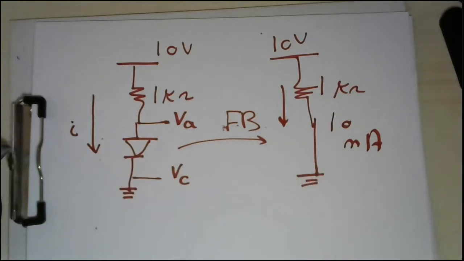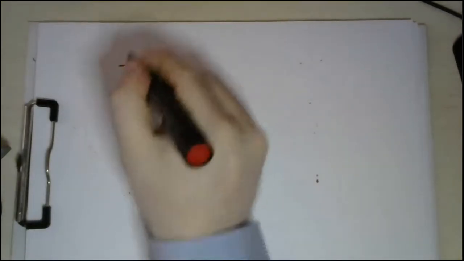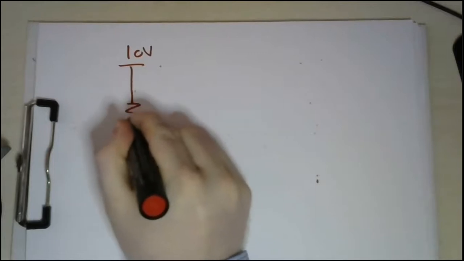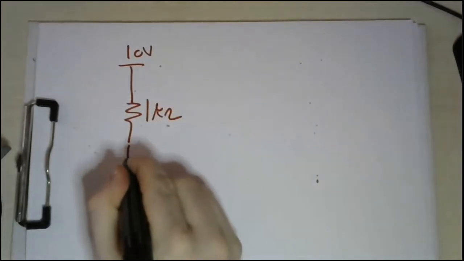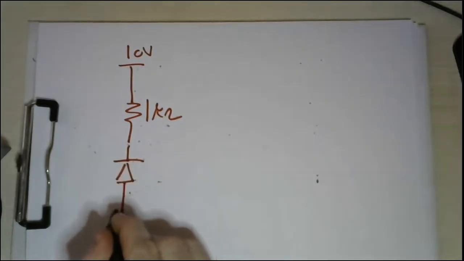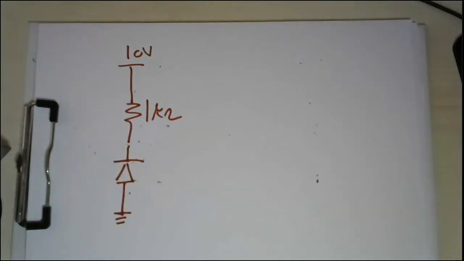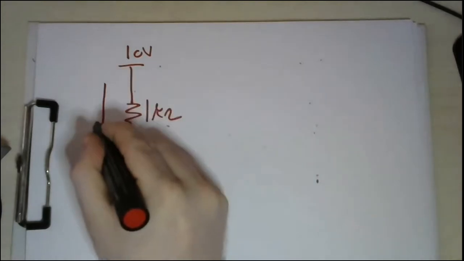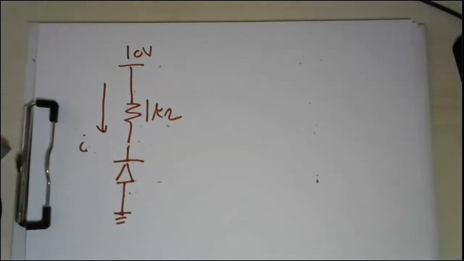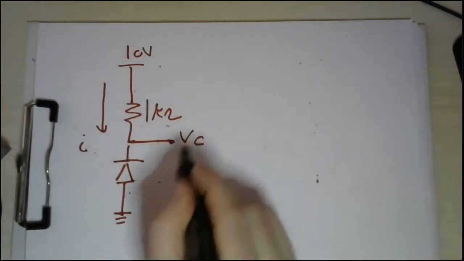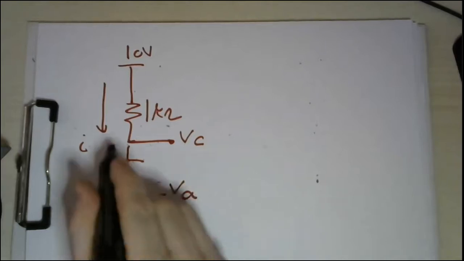Okay, let's have another example. Now, let's assume that we have a similar circuit. Again, this is 10 volts. This is 1 kilo ohm. But now your diode is reversed. So the current flowing here, called I, makes the cathode voltage greater than the anode voltage.